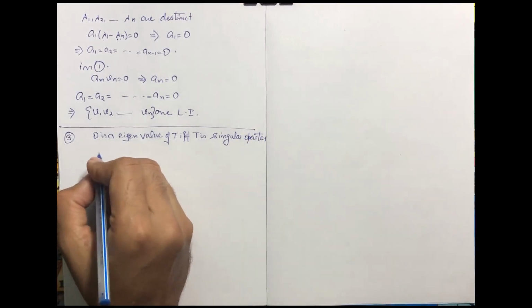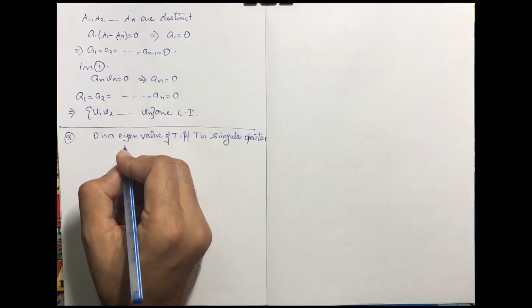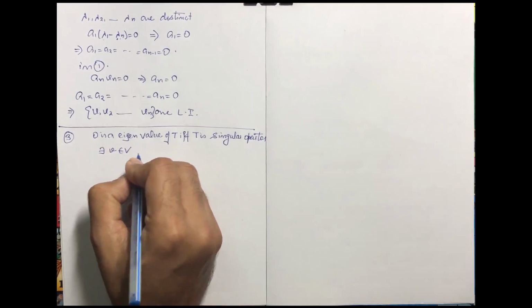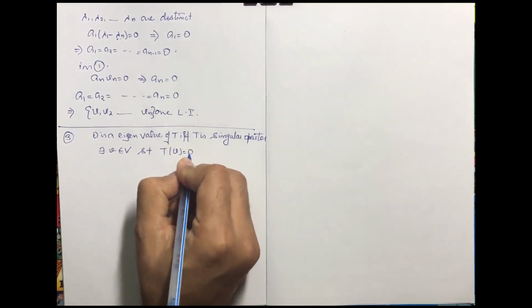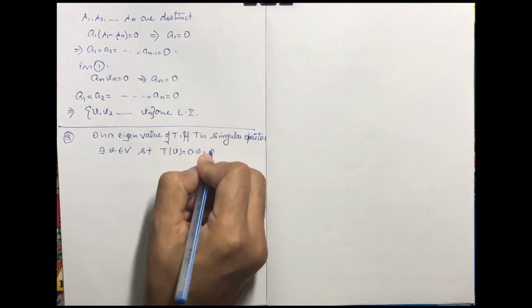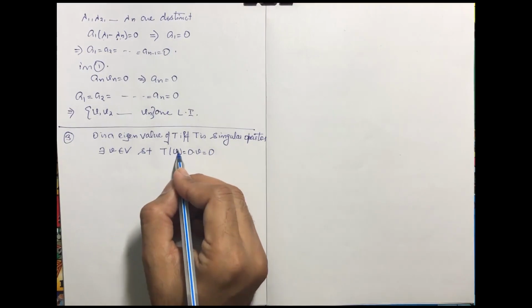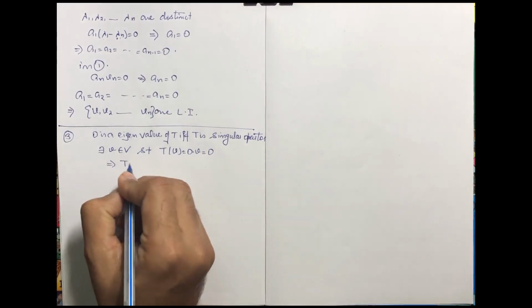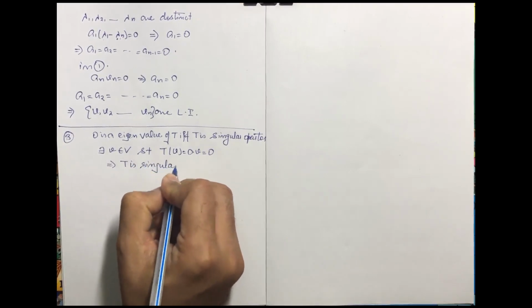So if 0 is an eigenvalue, by definition there must exist an eigenvector v such that T(v) = 0 times v, which is 0. And we know that the image of a non-zero element being 0 means T is a singular operator.